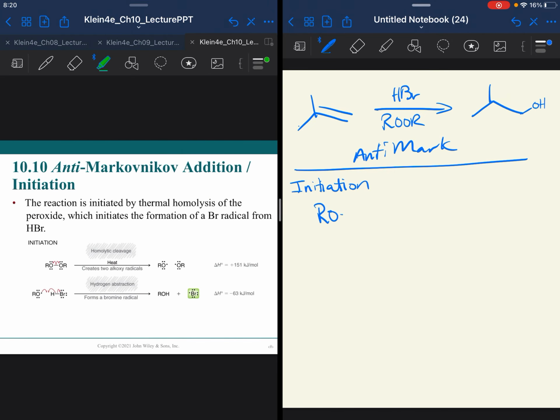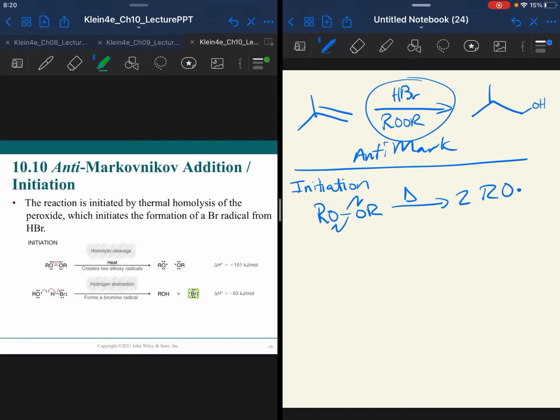The first one is the peroxide. This is why the peroxide causes this different regiochemistry. When you have heat or light, and so we don't need light for this reaction to happen. The peroxides will be initiated with even just a little bit of heat. You get that homolytic cleavage and you make 2 oxygen radicals.